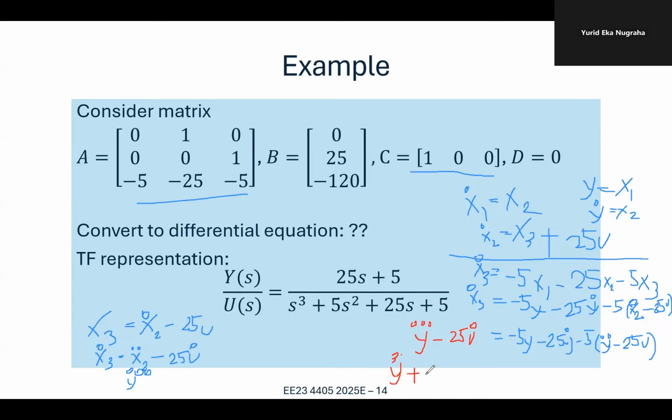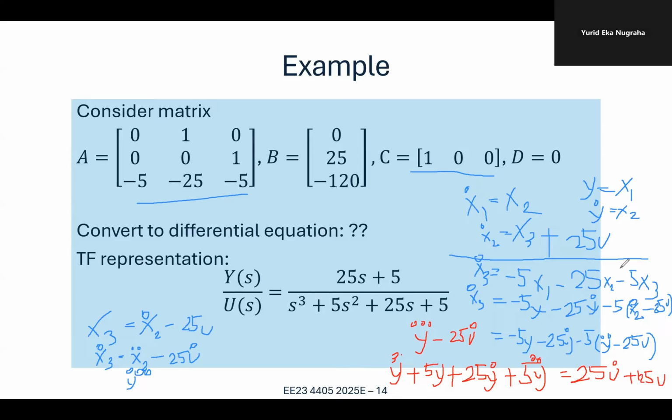So y triple dot plus 5y double dot plus 25y dot plus 5y is 25 u dot plus 125 u.